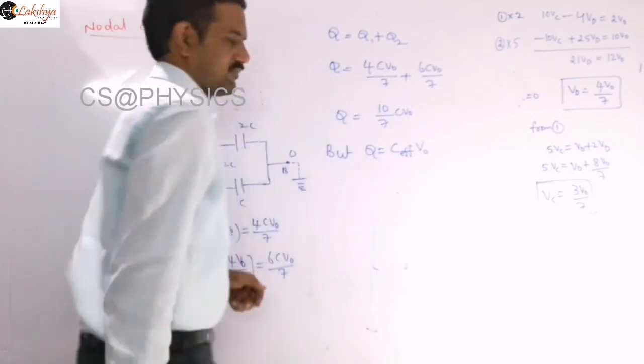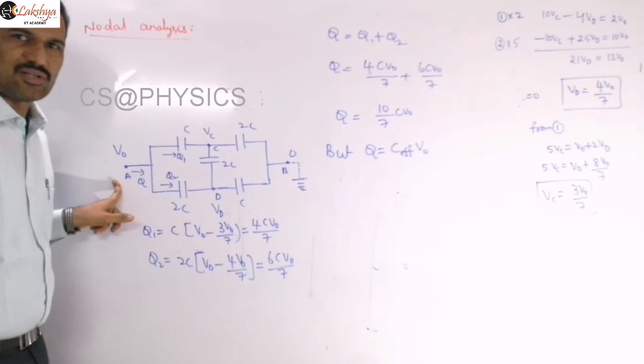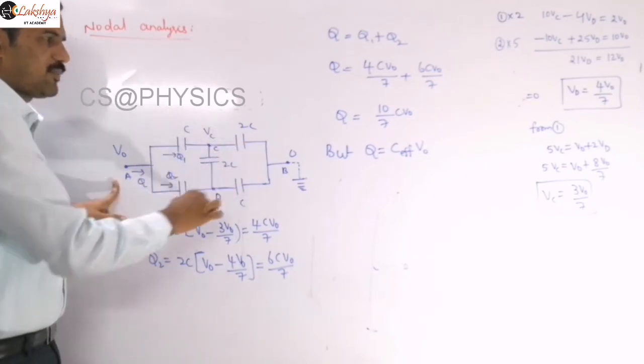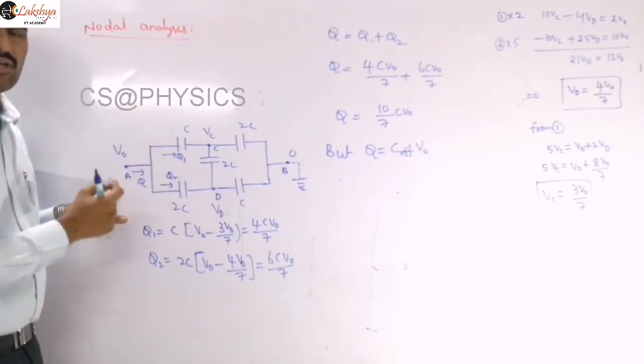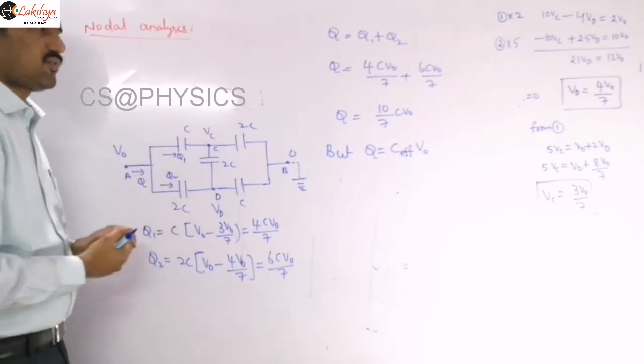Is it clear? V naught is the potential difference applied between these 2 points. If C effective is the effective capacitance, if you are replacing all these 5 capacitors by 1 capacitor having that C effective capacitance, then the total charge stored on that we can write as Q is equal to C effective into V naught.